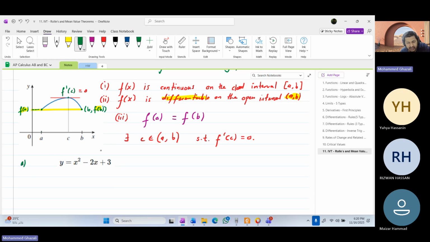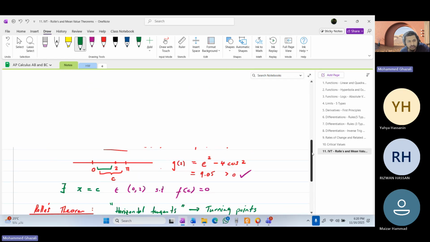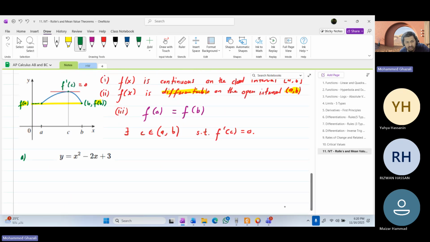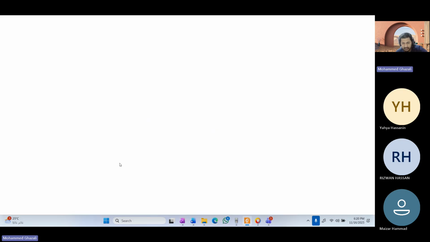This is problem 2a, because we're doing Rolle's theorem, which is number 2. I'm going to put an interval here: x is an element from 0 to 2. Now, let's apply Rolle's theorem here.